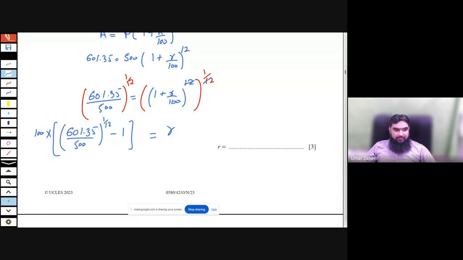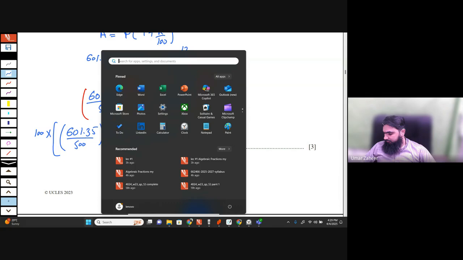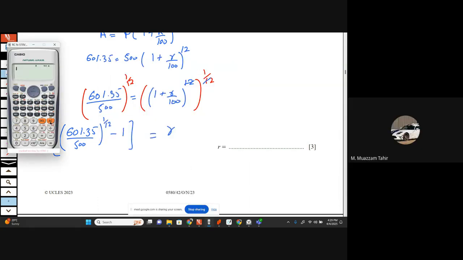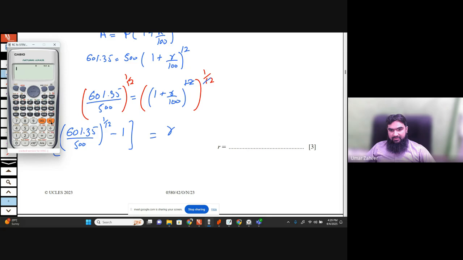Yes, find the value. 1.56? It's not 6, it's 1.55. Check it again.